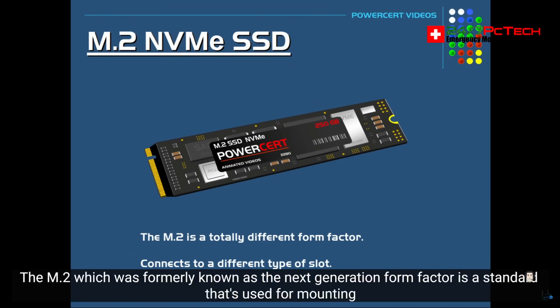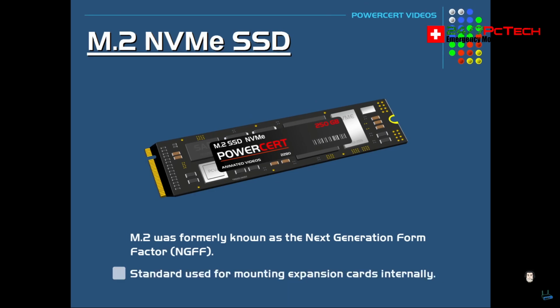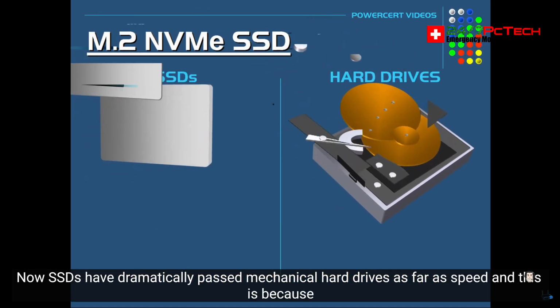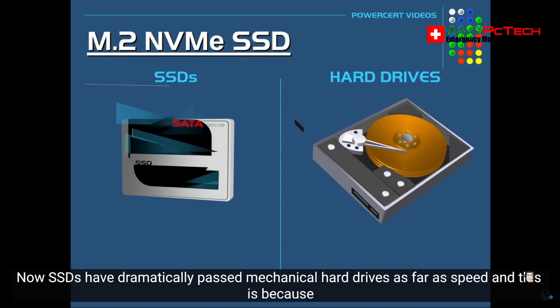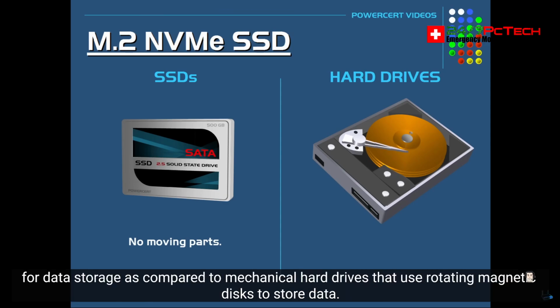The M.2, which was formerly known as the next generation form factor, is a standard that's used for mounting expansion cards internally. Now, SSDs have dramatically passed mechanical hard drives as far as speed, and this is because SSDs have no moving parts, because they use flash memory for data storage, as compared to mechanical hard drives that use rotating magnetic disks to store data.